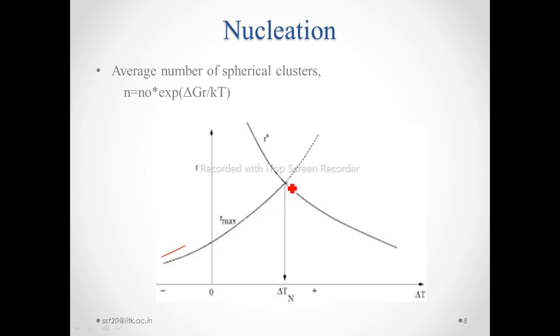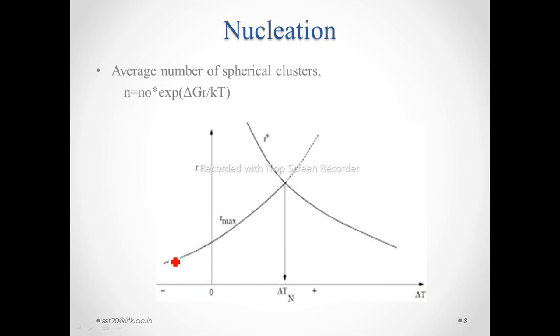When it reaches this point, delta T Tn, clusters are no longer part of the liquid, they are part of the solid. After this undercooling, the clusters are converted into stable nuclei. This is R maximum, the maximum size of the clusters.